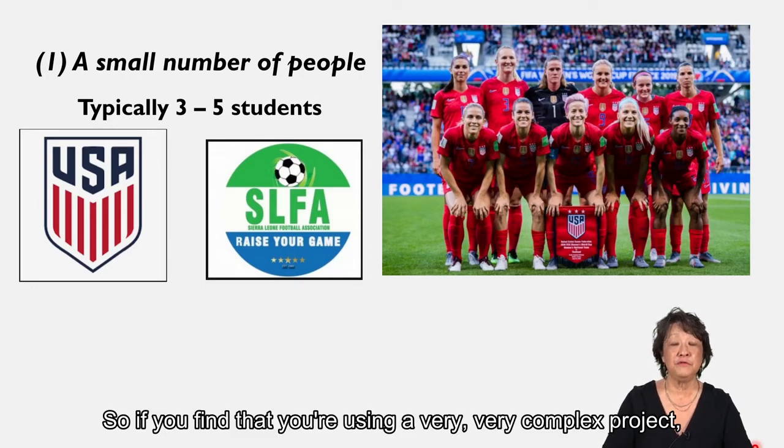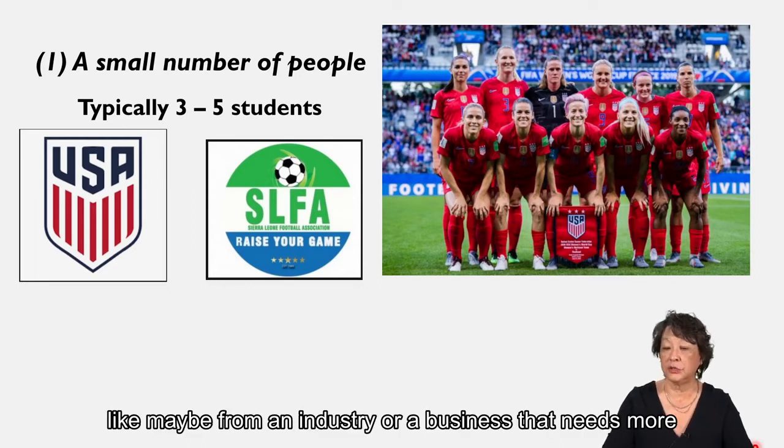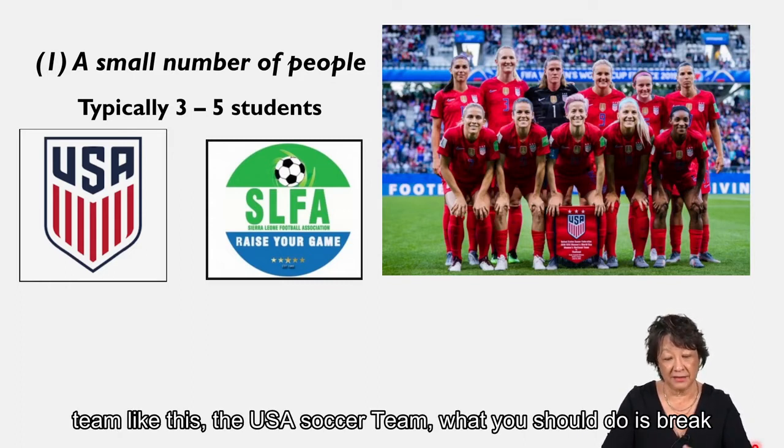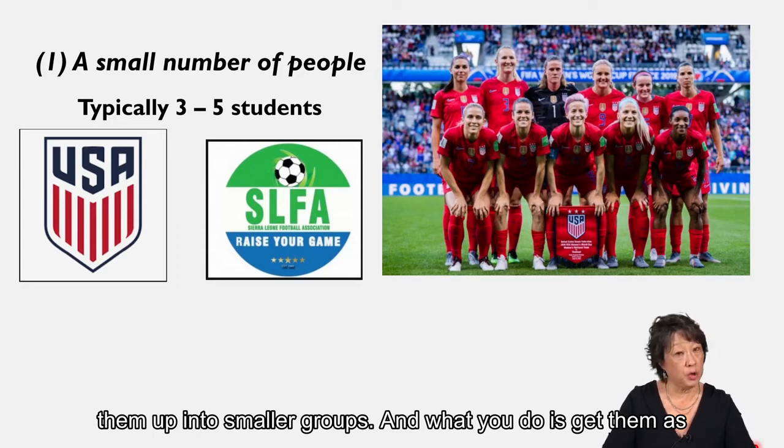So if you find that you're using a very, very complex project, like maybe from an industry or a business that needs more people, instead of starting them out with a large team like the USA soccer team, what you should do is break them up into smaller groups.